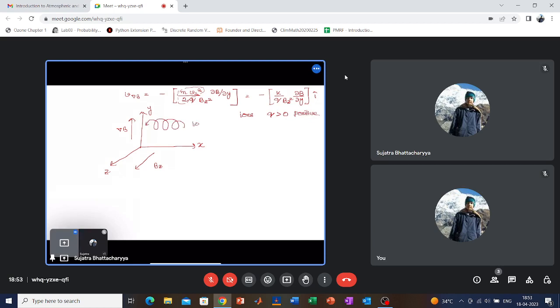These are for the ions, but for electrons, q is negative and makes it a positive. This is for the electrons going in the positive direction. So it will move in positive x direction. If we take the gradient of b in the y direction and b is only in the z direction, then ions will move in the negative x direction. Simple.